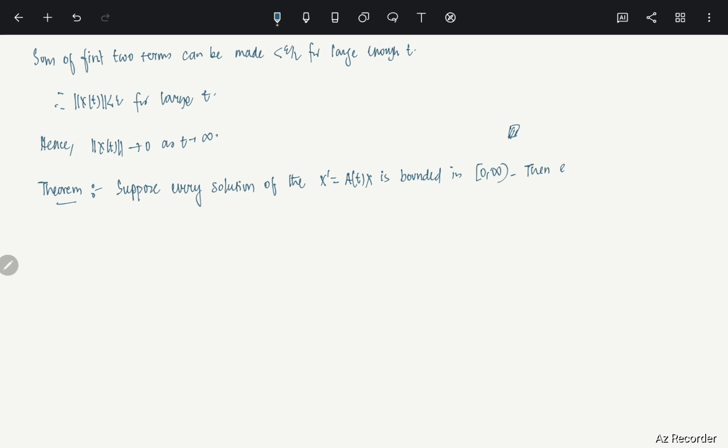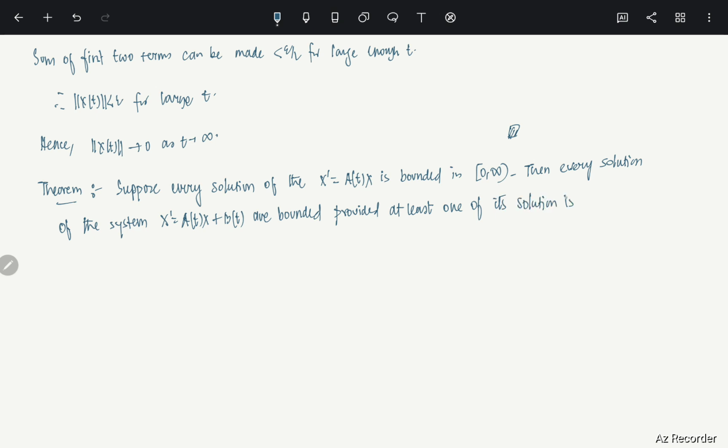Then every solution of the system x prime equals A t times x plus b t are bounded. Can you think of any condition under which this will be bounded? Provided, and this is a very simple condition, at least one of its solutions is bounded.